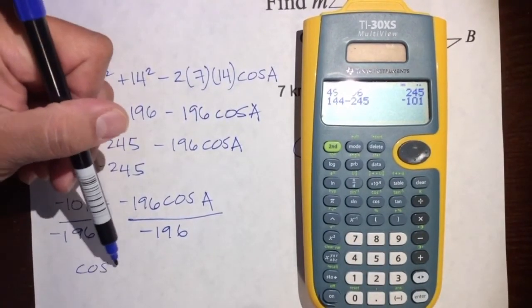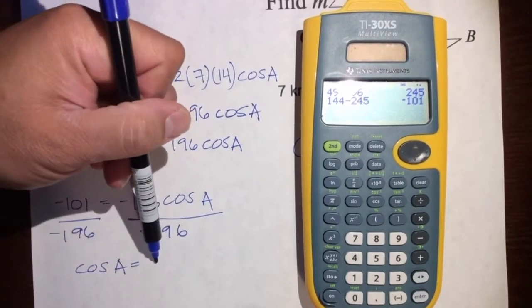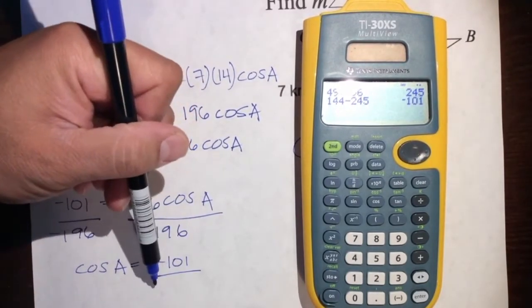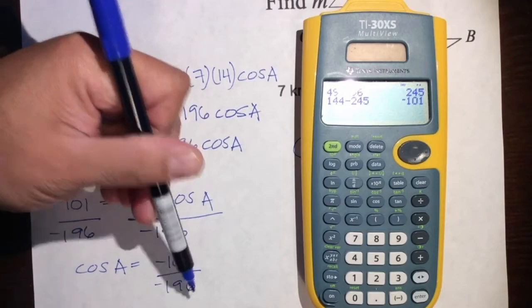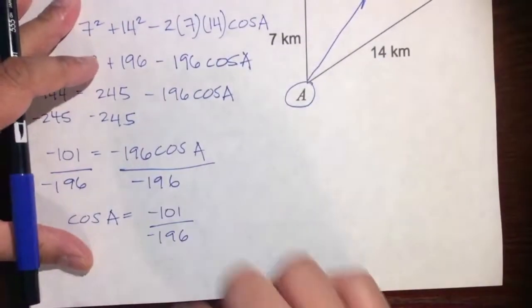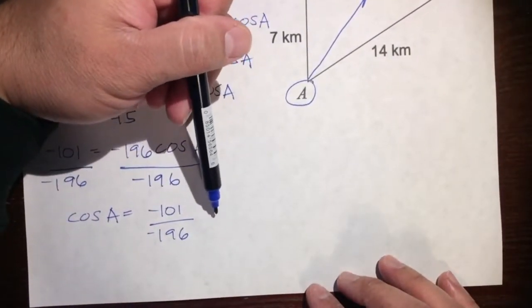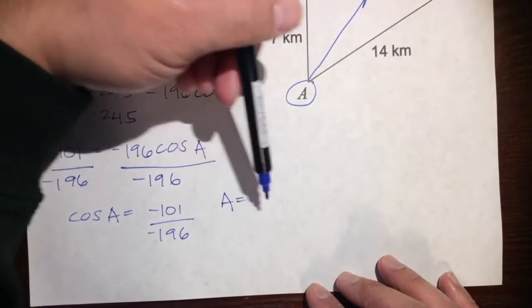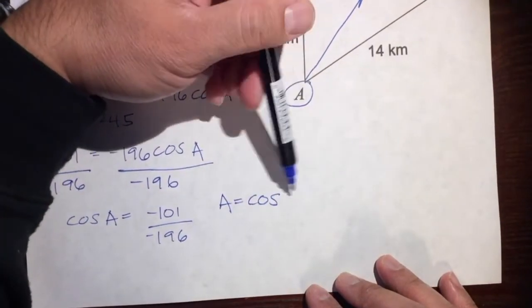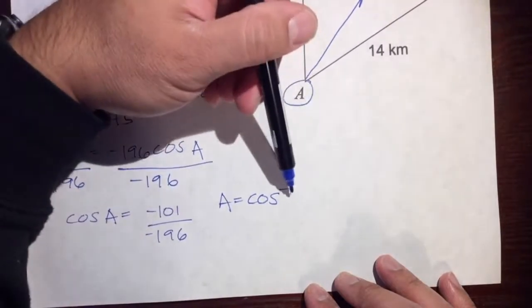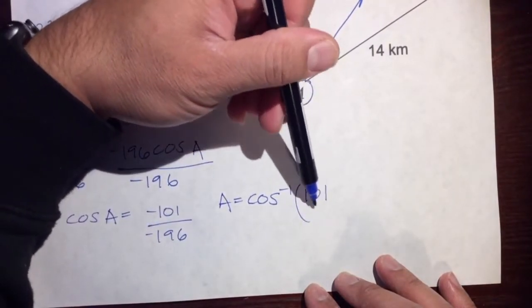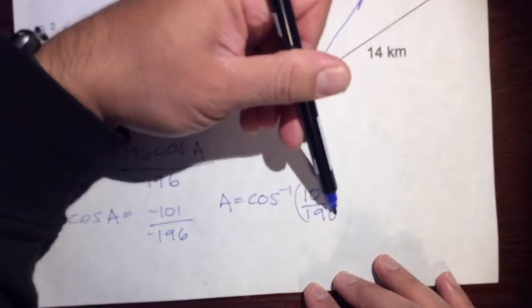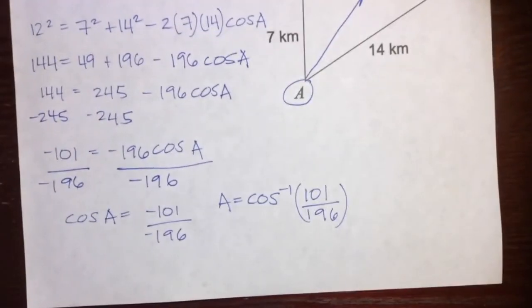And we'll have cosine of A is equal to negative 101 over negative 196. And I didn't really have to write those two negatives, but it's okay. And A is equal to the inverse cosine, don't forget that inverse, of 101 over 196.